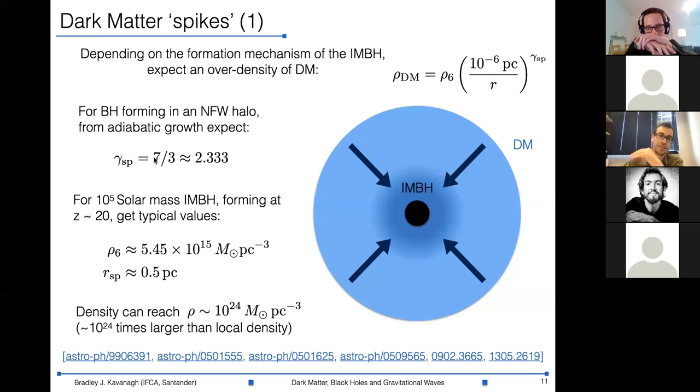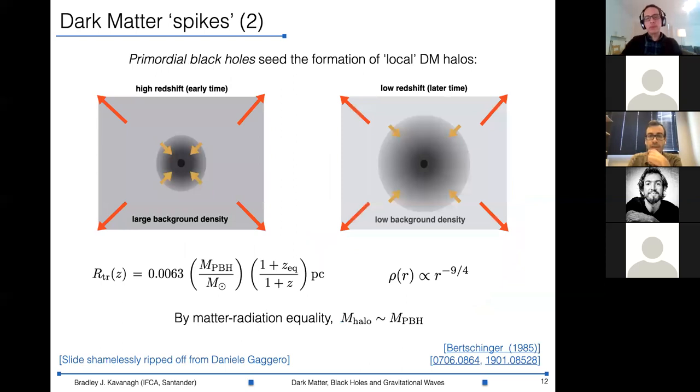This is a very steeply rising dark matter density, and if you plug in some numbers, you find that you can really reach huge densities, sort of 10 to the 24 solar mass per cubic parsec in a very small region, but still a very huge density. So that's one possibility for forming these dense dark matter halos.